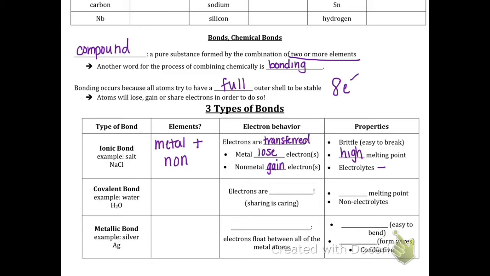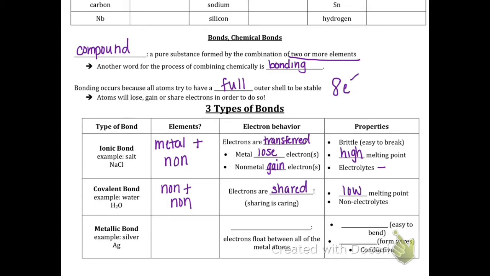Covalent bonds are when you have a nonmetal bonded to another nonmetal. Here, electrons are shared, so sharing is caring. They're basically going to be holding hands, sharing their electrons. They're the very opposite of your ionic bonds. They have a low melting point, and they're called non-electrolytes.